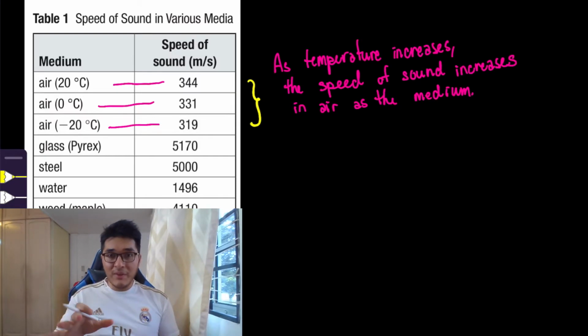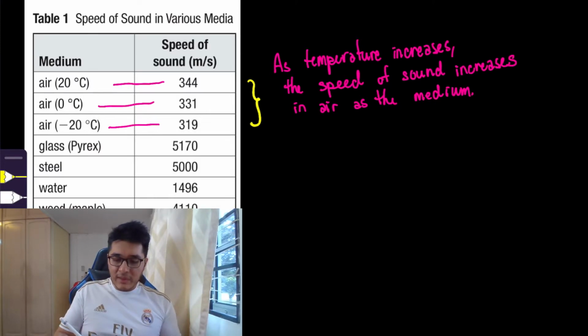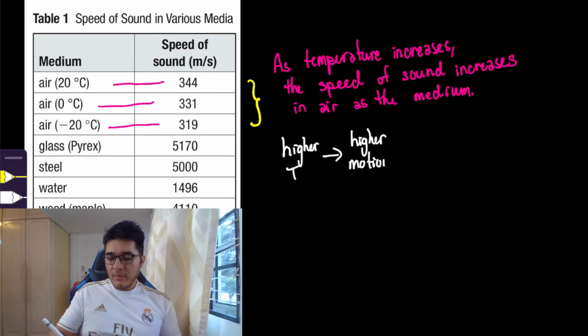So let's try to put that as a single note because you might have gotten lost. Higher T implies higher motion, which means increased collisions.